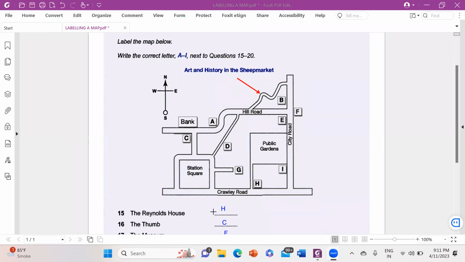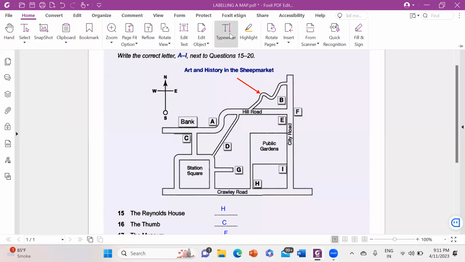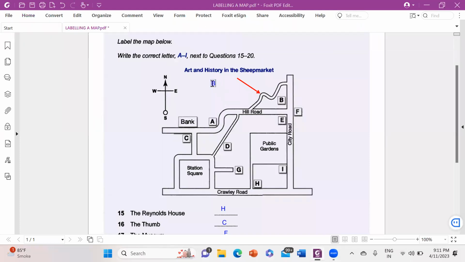We never say curve. It is known as a bend. The entire road is a winding road, but the small turns are known as a bend. So it's bending over here, right? It's bending, then again it's bending over here. So these are known as bends.